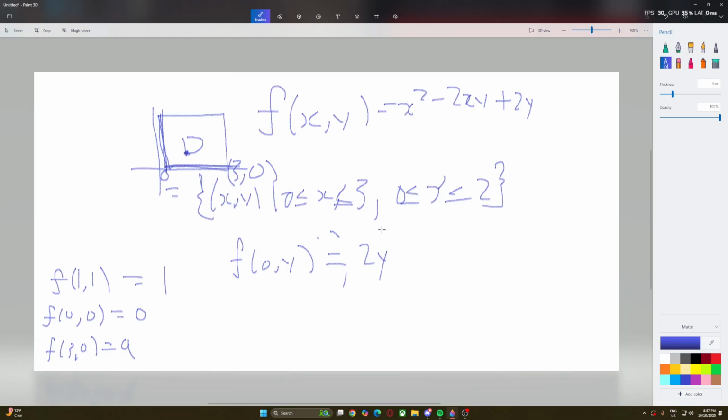The only critical points we can have are 0 and 2, so we can only try f(0, 0) and f(0, 2), which is 4. So we got f(0, 2) is 4.